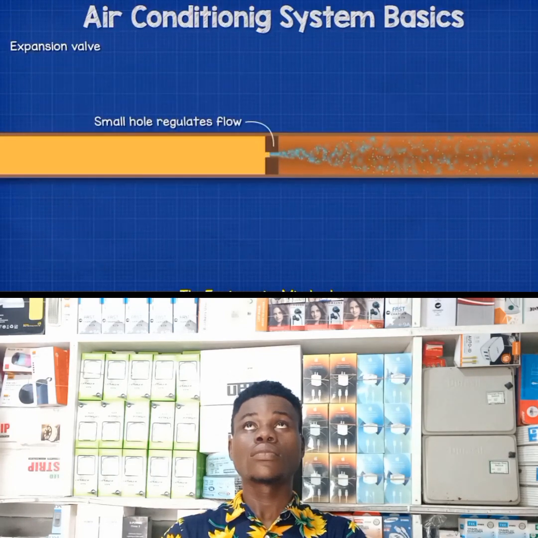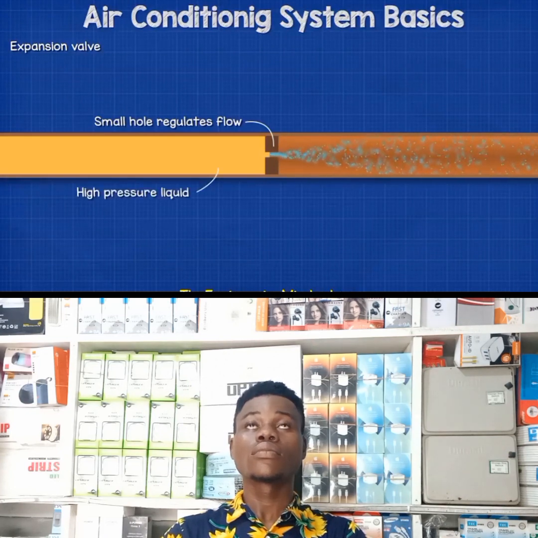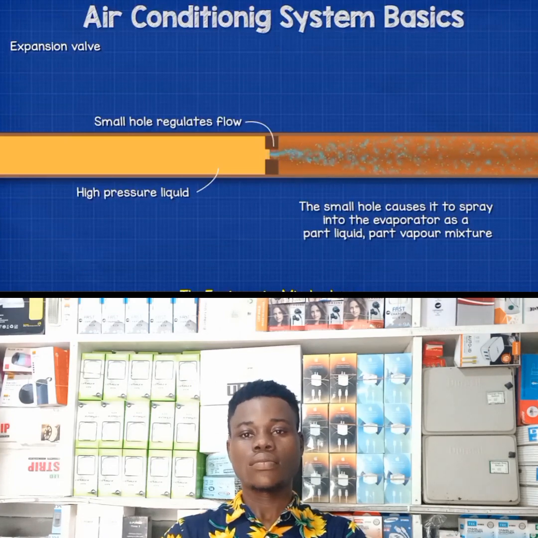The expansion valve regulates the refrigerant by only allowing it to pass through a small hole. This creates a large pressure difference across the valve. One side is the high pressure liquid, the other side is almost empty. The small hole causes it to almost spray into the evaporator as a part liquid, part vapor mixture.